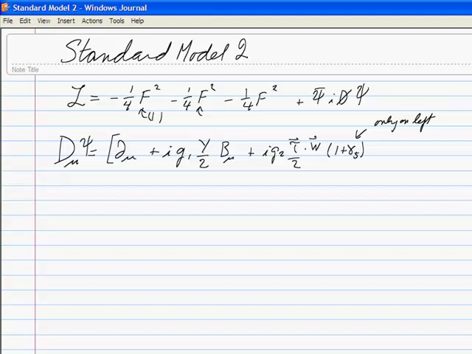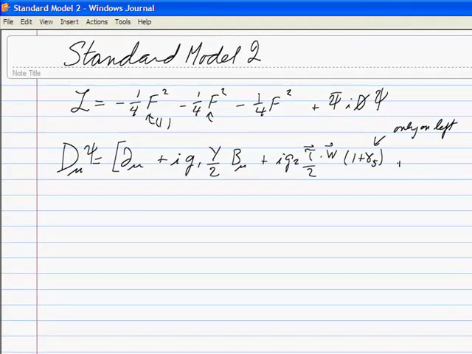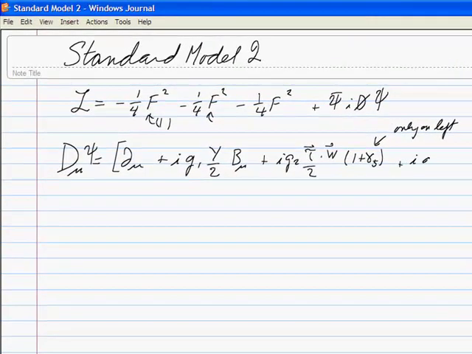You could think that could be stuck in the fermion part, but we could do that. And then there's an i g3 lambda over 2 dot the gluons, if it's the quarks.